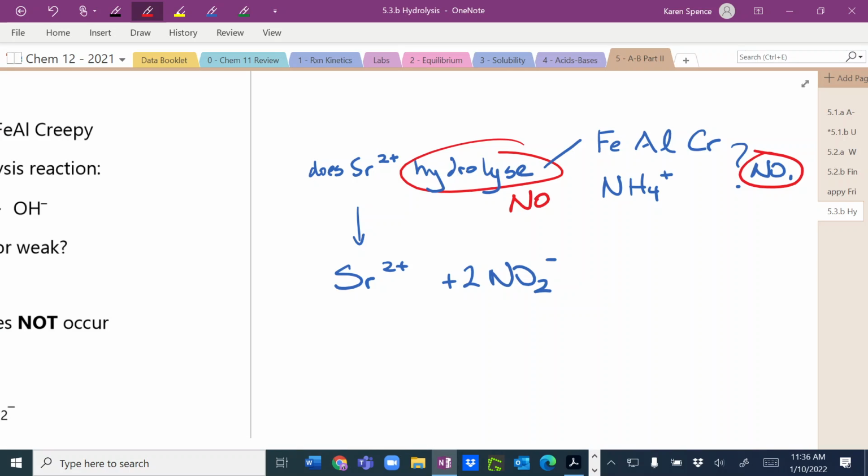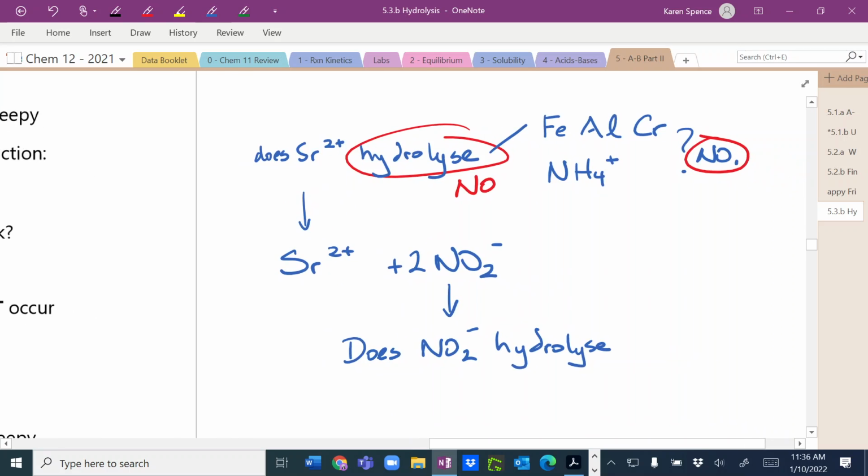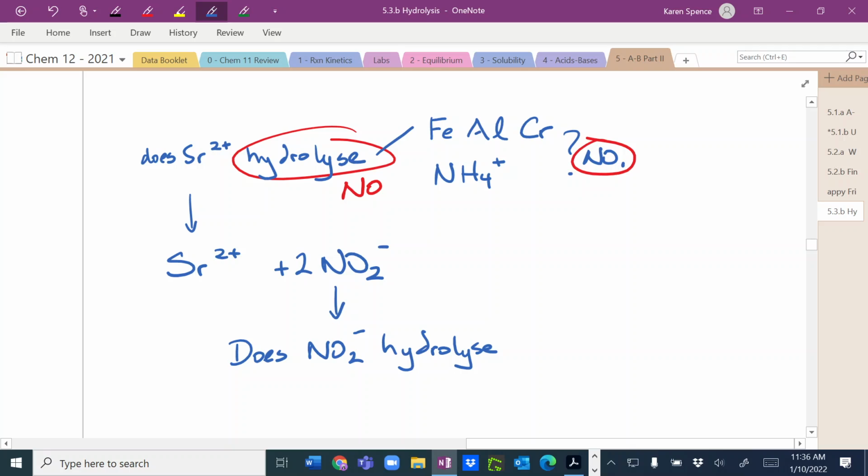How about NO2? Does NO2 hydrolyze? So for positive ions, we ask ourselves, is it one of these four? If it's not, it does not hydrolyze. What do we ask ourselves for the anions?